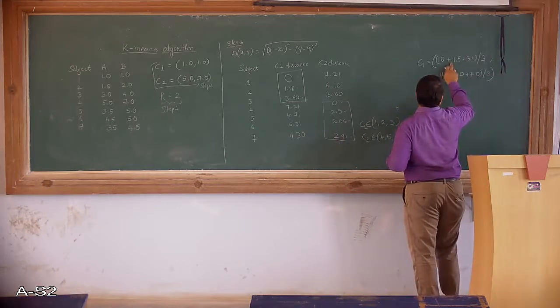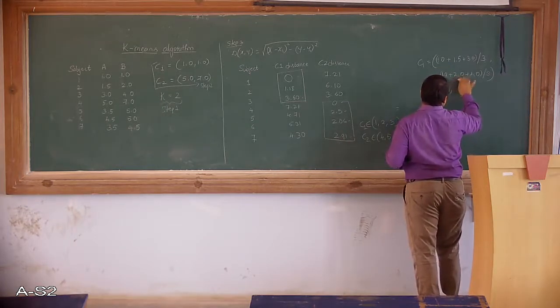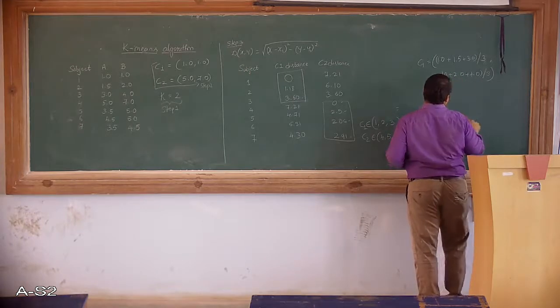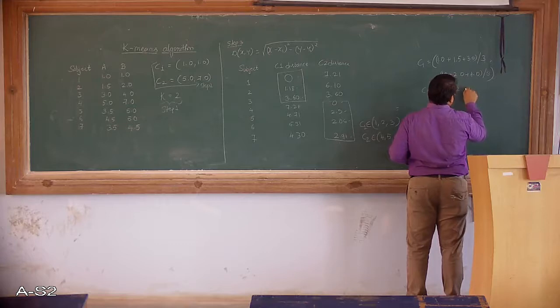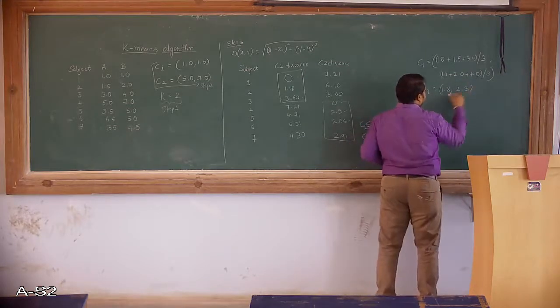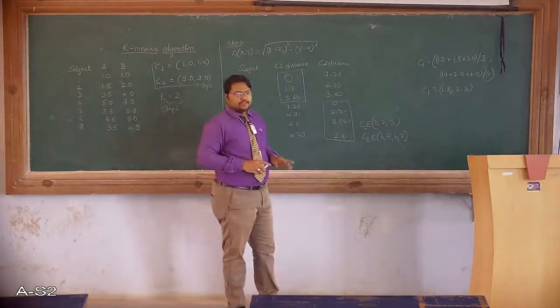It's 4.5, 5.5 by 3, it is 1.8. And 1 plus 2 plus 4, that is 7 by 3, is 2.3, correct? So now the value of C1 would be 1.8 and 2.3.